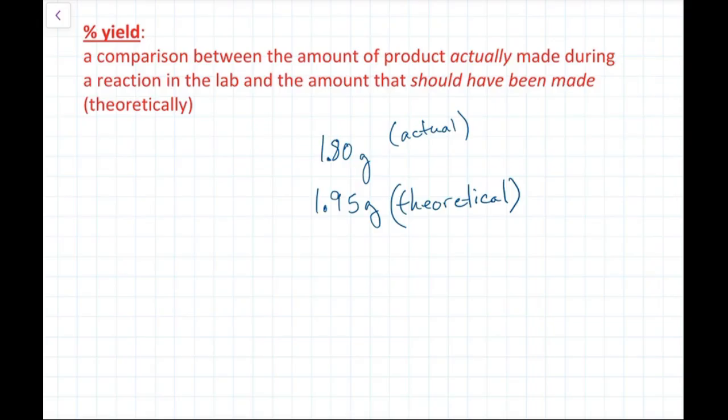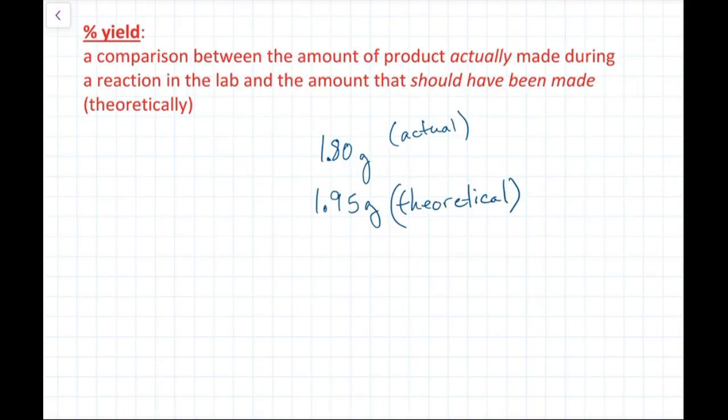Okay, so we have actual yield and theoretical yield, and comparing those two gives us a percentage. It's sort of like comparing how many points you did score on a test versus how many you could have scored. If you get 40 points out of 50 available, in theory you would have gotten 50 if you got everything right, but your actual score was 40 points. So you got an 80% because 40 divided by 50 is 0.8.